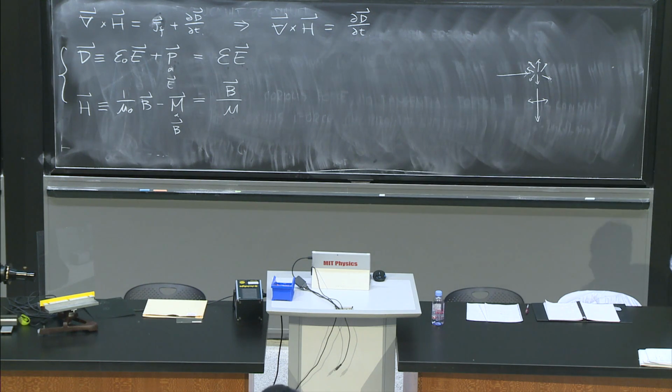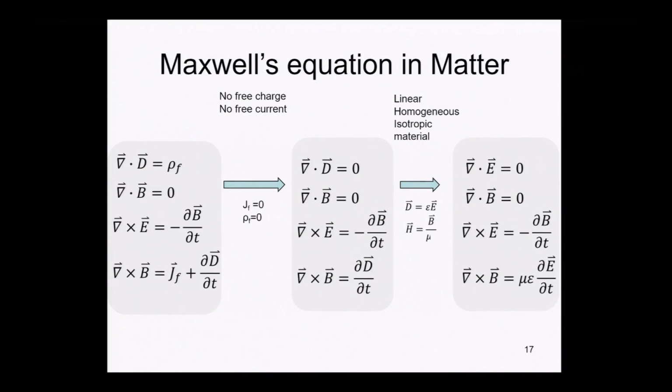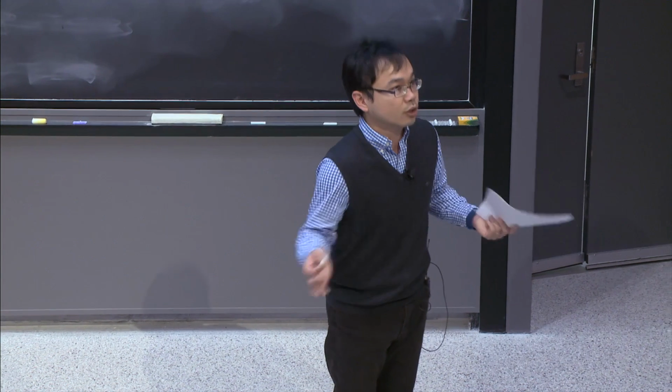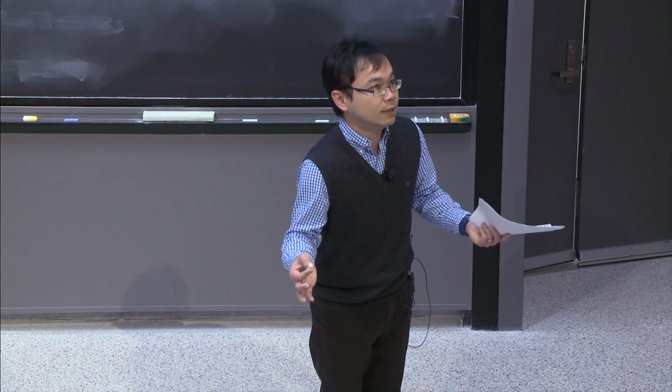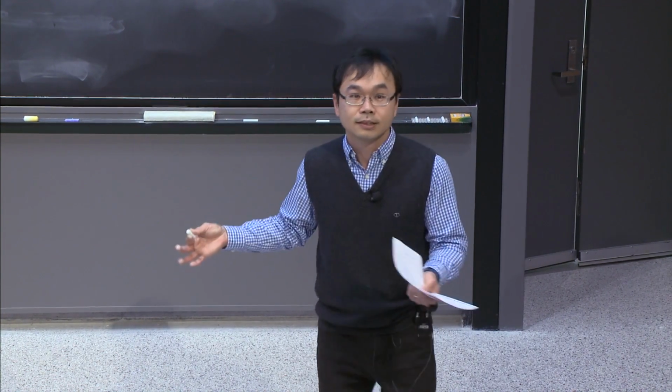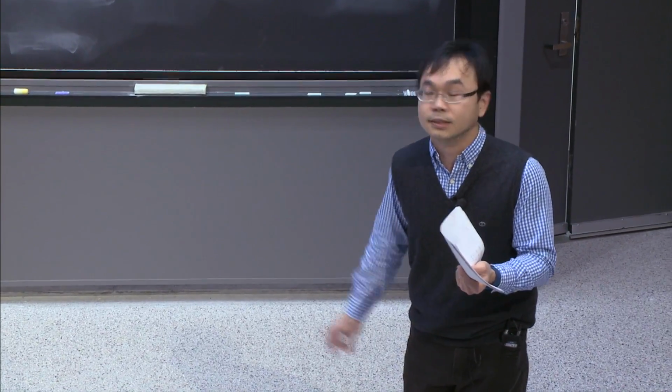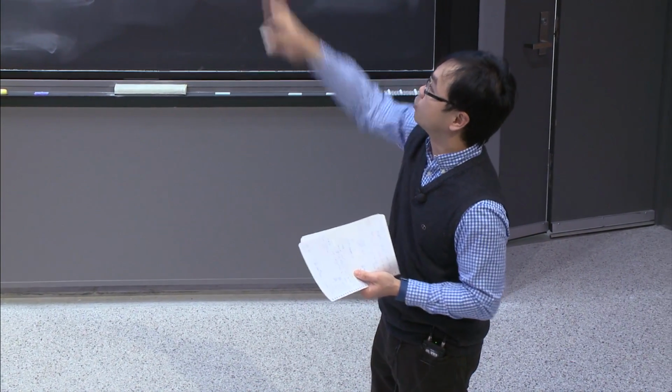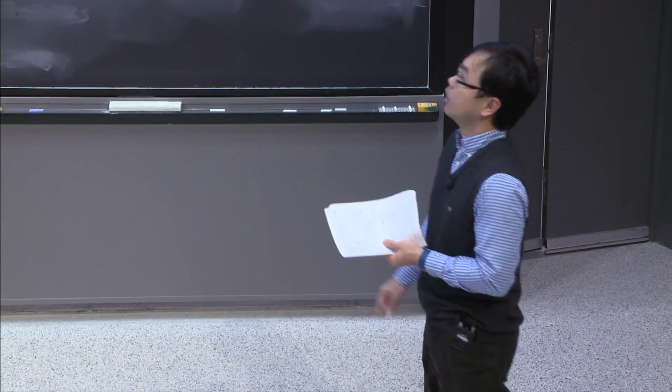So you can see that the resulting Maxwell's equations in matter, considering a linear material, are remarkably similar to what we have in the vacuum case. Where is the difference? Can you see that? The only difference is in the last equation, in the lower right part.